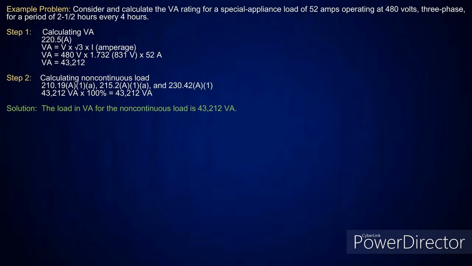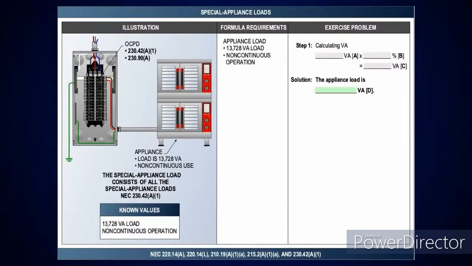It's 480 volt, three phase, so I'll take it at 1.732. That gives me 831 volts. It's at 52 amps. Multiply it by 52 amps, and there's your answer, 43,212. If it was continuous, I'd add 125%, but it's not. So your VA has been calculated for that special appliance load.